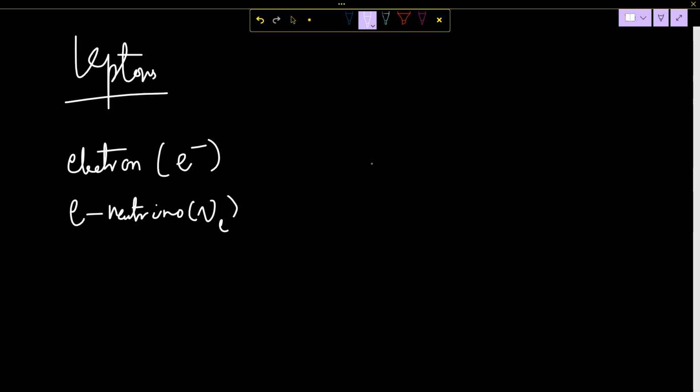Next is your muon. Muon is a lepton. We write it as mu minus. Every lepton has its neutrino, and its neutrino will be the mu neutrino. We can write it as mu subscript e.